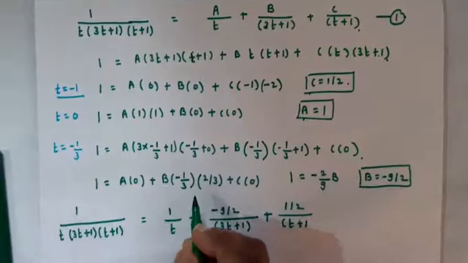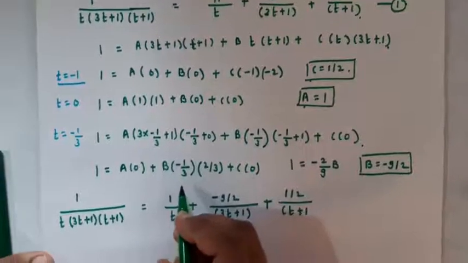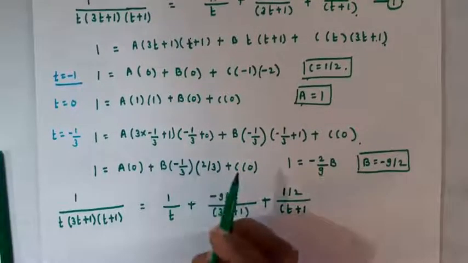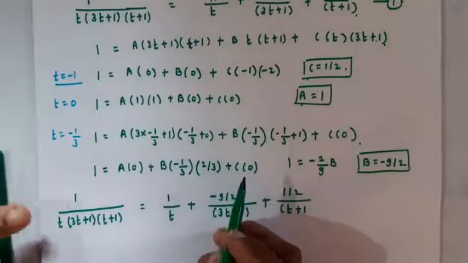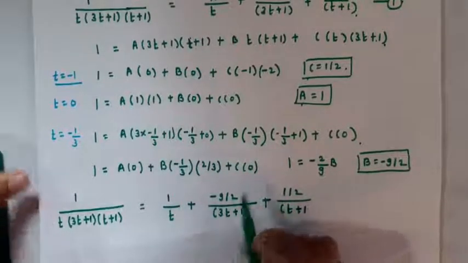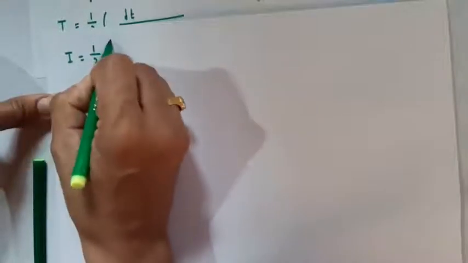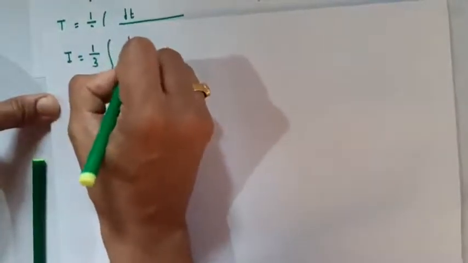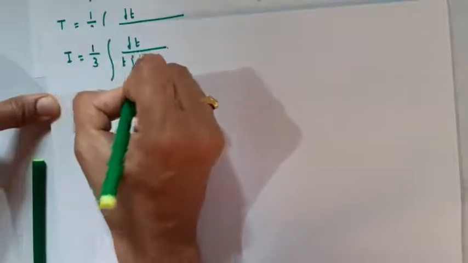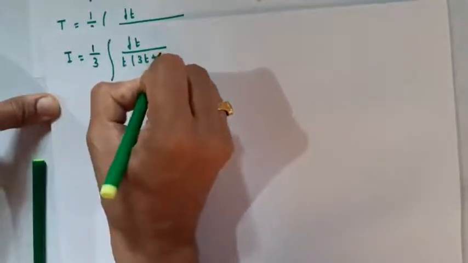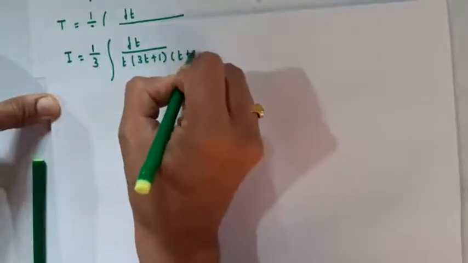Now we have to solve this integration. These are the values, and our required integration I equals 1 by 3 integration of dt upon t into 3t plus 1 into t plus 1.